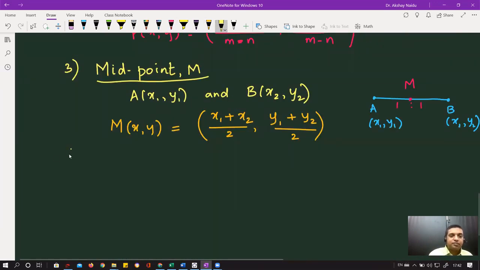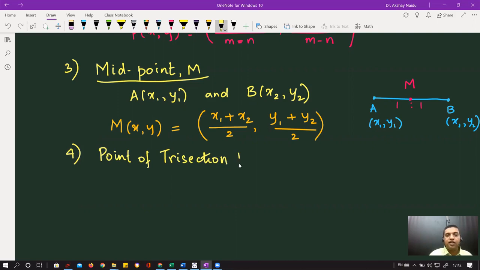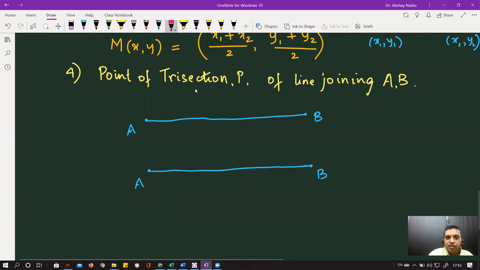Next, formula for point of trisection. Let's say that point is P on the line joining AB. P is a point which divides AB in the ratio 1:2 or 2:1. There are 2 points of trisection.